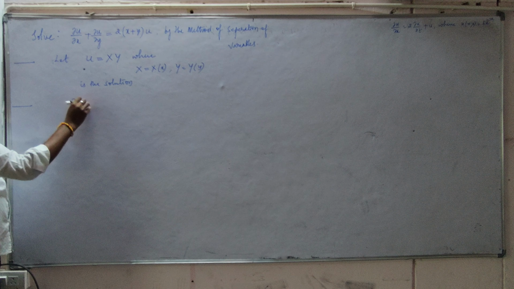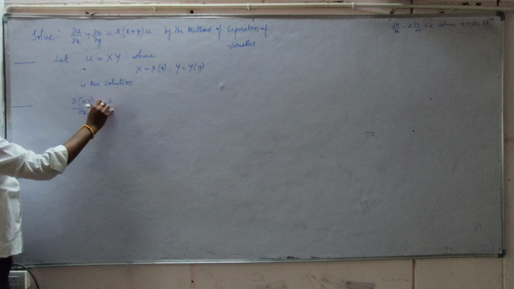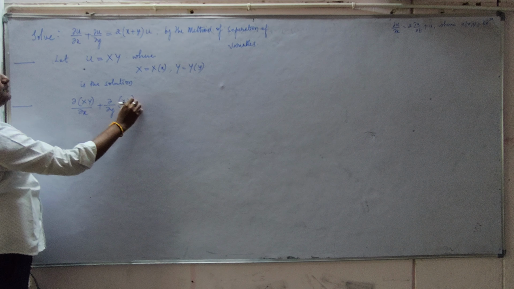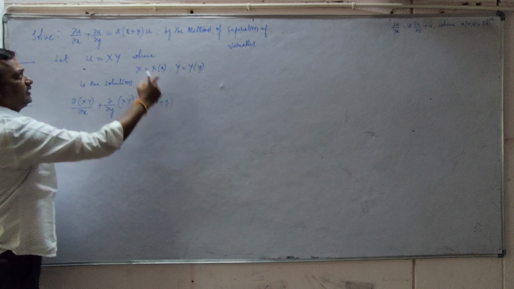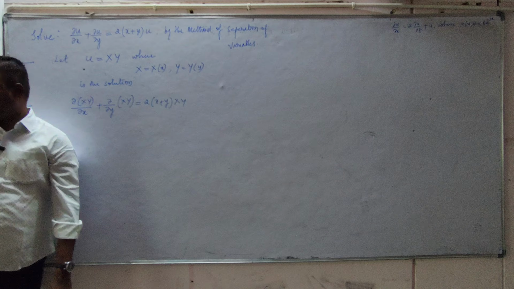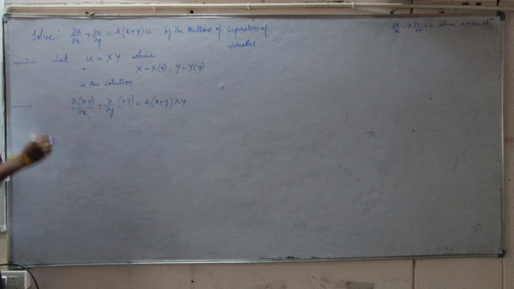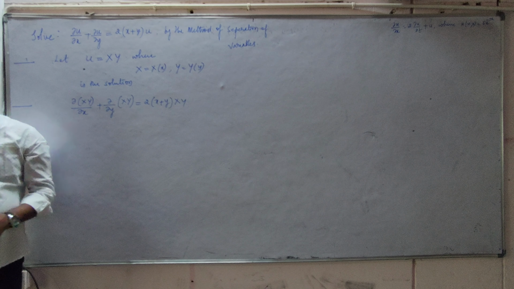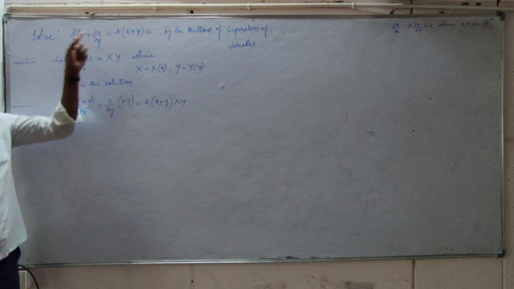Dou of capital X into capital Y divided by dou x plus dou by dou y of capital X into capital Y is equal to 2 times x plus y into u, which is capital X into capital Y. I am going step by step. In the first step we have u is equal to X into Y as the solution. In the second step I am substituting that solution in the given equation.